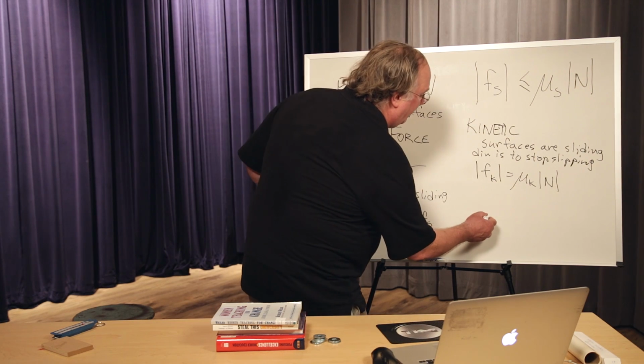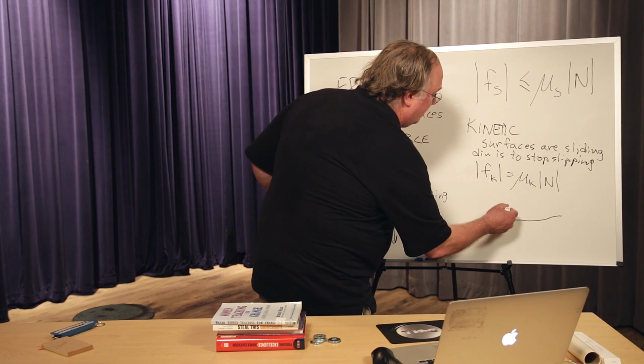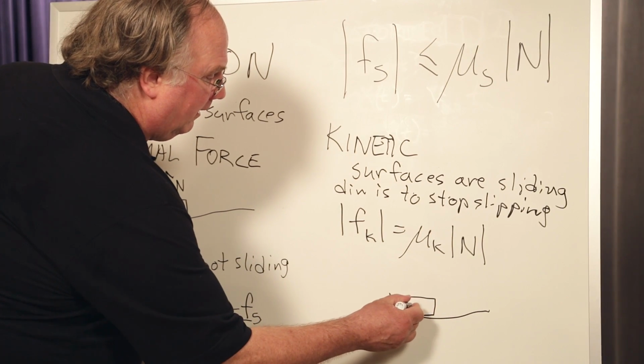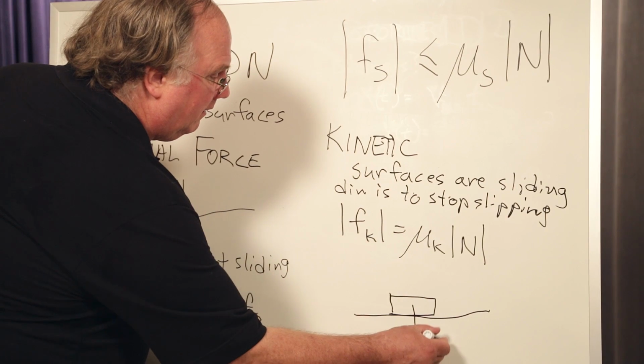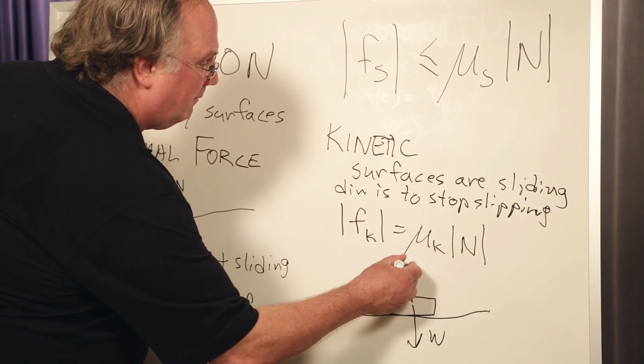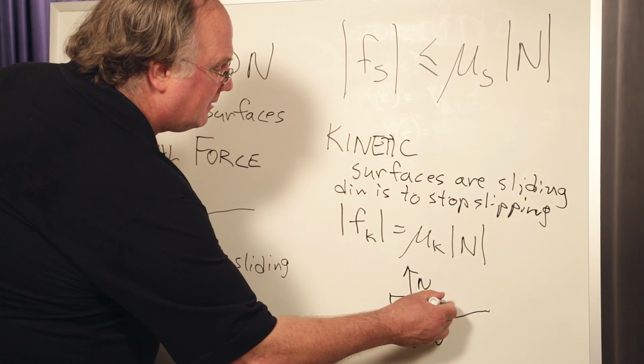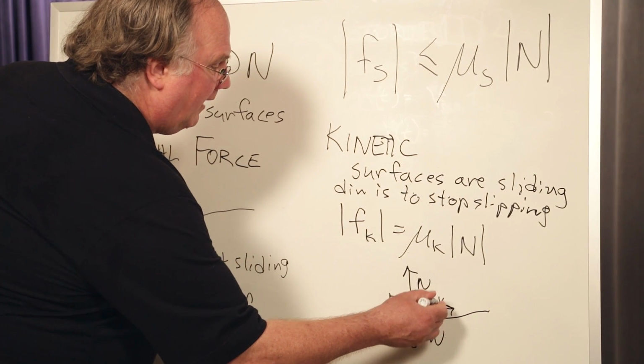If you want to draw it, we can say here's the table, here's our book. We have the weight downward. We have the normal force upwards. The velocity that this thing is moving in is that direction.